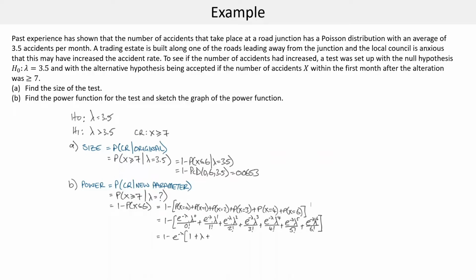And then from here, we get this sequence: lambda squared over 2 factorial, up to lambda to the power of x over x factorial. Now this is simplified about as far as we can go, and this would be the power function, where if we now gave you a value for lambda, you would be able to instantly find the power. So if lambda equaled 2, if lambda equaled 7, if lambda equaled 50, you can find the power.